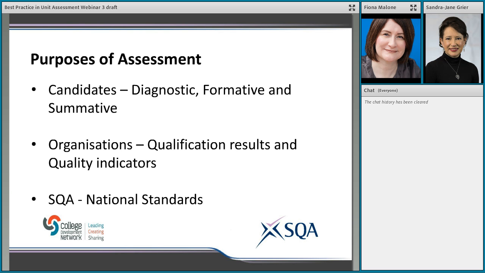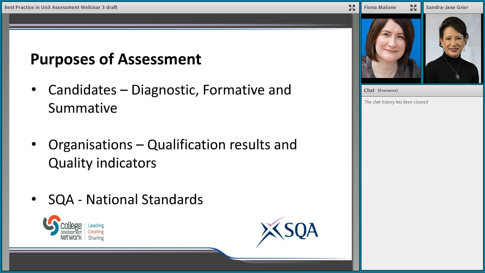SQA qualifications can also be used as quality indicators. For example, the Scottish Funding Council, SDS and Sector Skills Councils use SQA qualifications to assess the quality of individual centres, as does Scottish Government and Education Scotland, and local authorities use qualification data to evaluate success at a local or national level.